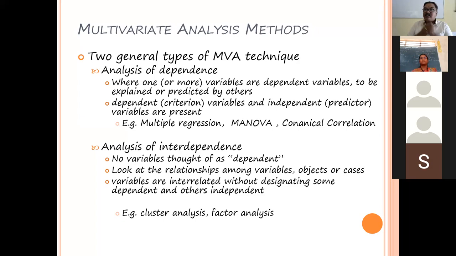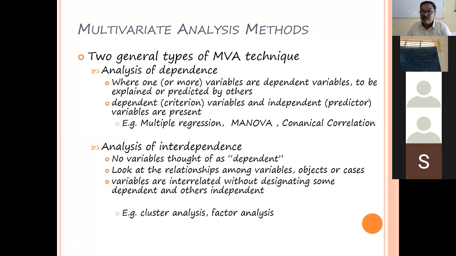And for handling more than 2 variables which are not dependent or independent, all are interdependent, we can go for cluster analysis, factor analysis, structural equation analysis, and you can also think of higher order analysis.